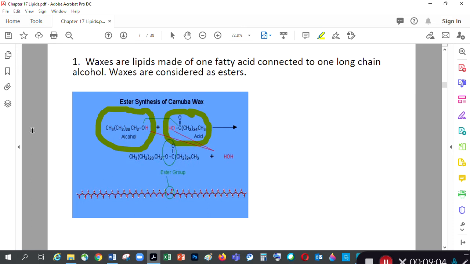And as you have learned before, if you add alcohol with the acid, you get an ester and water, correct? So this ester here is an ester called wax. So waxes really are esters of one fatty acid connected to a long chain alcohol. So that's part 1 based on fatty acid: a fatty acid reacted with the long chain alcohol.